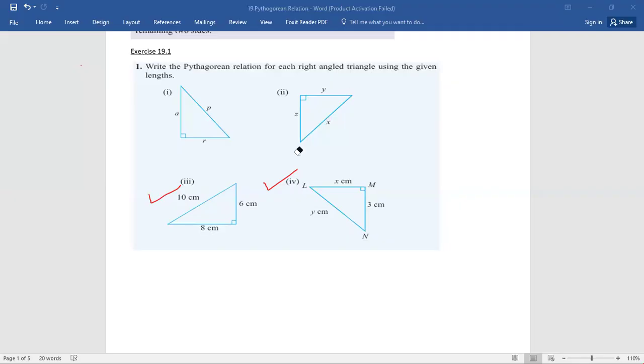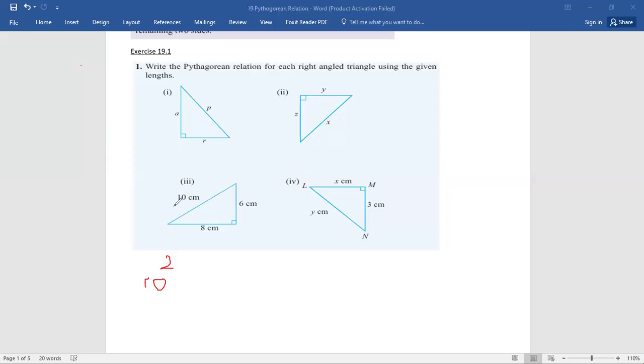Can you say the fourth one? 10 square centimeters equals 8 square centimeters plus 6 square centimeters. Sorry, square centimeter. Yes, yes.